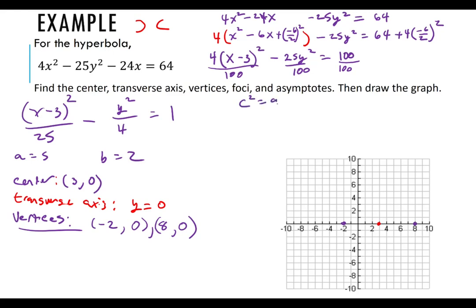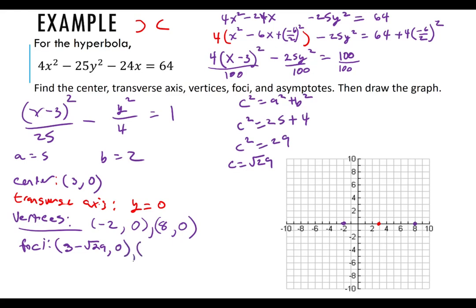So c squared is equal to a squared plus b squared, and so c squared is going to be equal to 25 plus 4. So c squared is equal to 29. So c is equal to root 29. And so my foci are going to be (3 minus root 29, 0) and (3 plus root 29, 0).